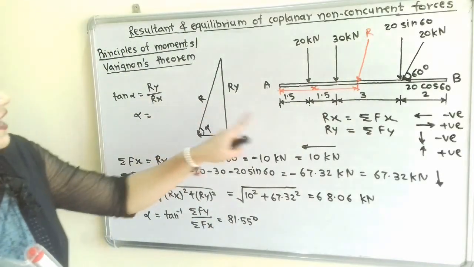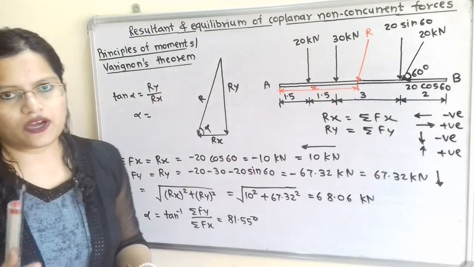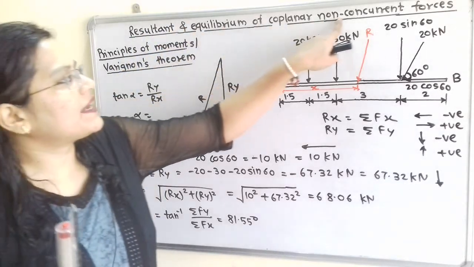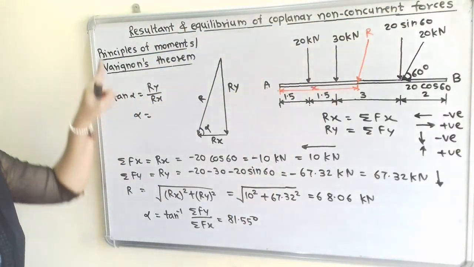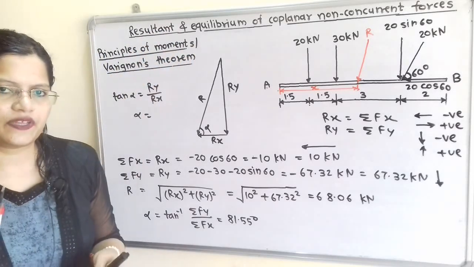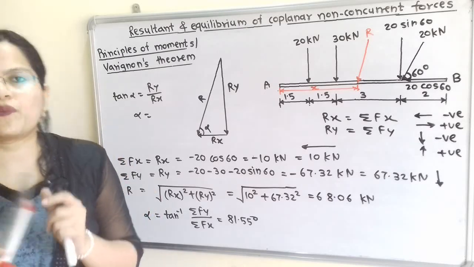Now we have to find out the value of x. So how to find out? For this, resultant of coplanar non-concurrent forces, we have to apply the principle of moments or Varignon's theorem. That means we have to apply here one rule for the moment.